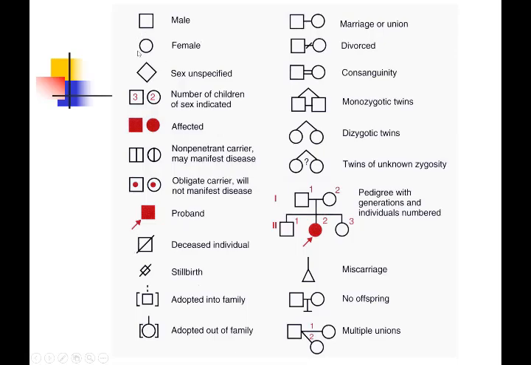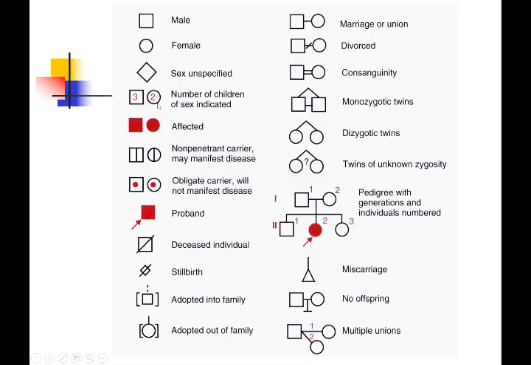Female, a circle that is empty inside, and sex unspecified. For instance, if the couple are having a baby, but it's too early to know the sex, then you put this sign.